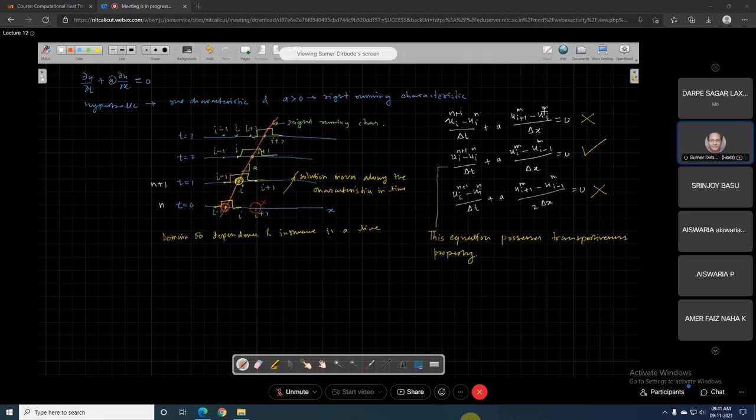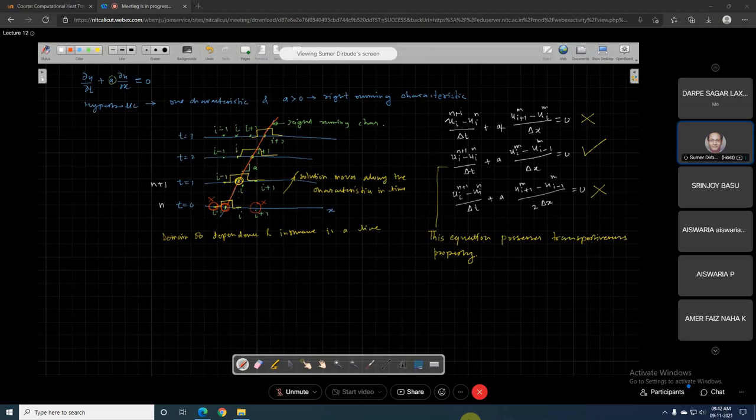Because of this u at I minus 1, it becomes consistent. Now if you take u at I plus 1 and I minus 1, to get this value I am taking this value and the I plus 1 value, where both are not lying on the characteristics. So that is the reason these two expressions are wrong.